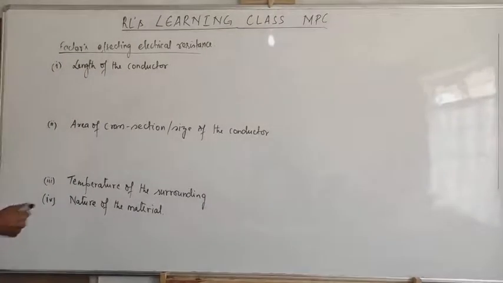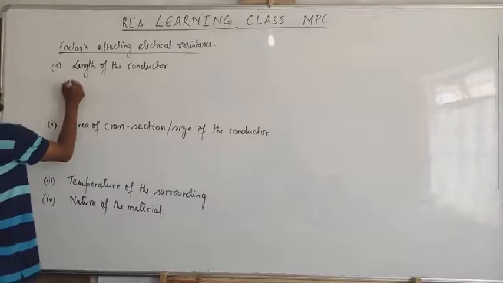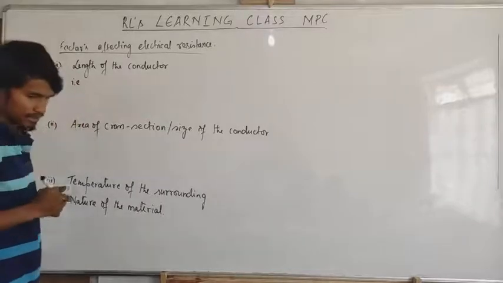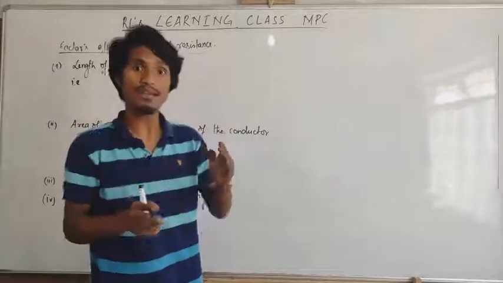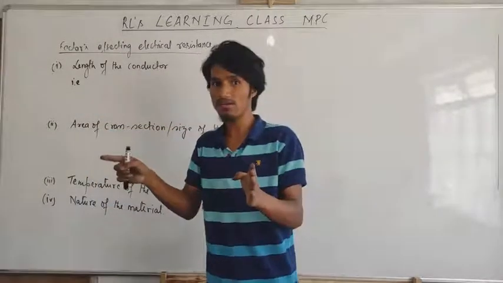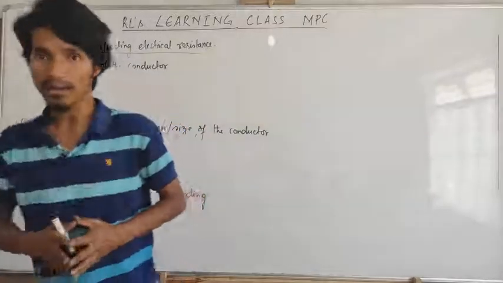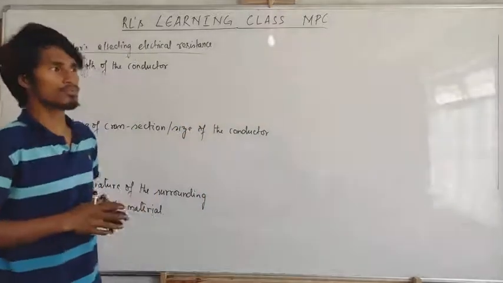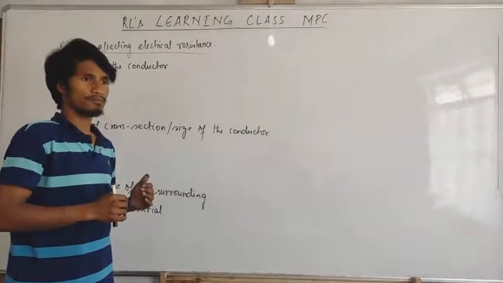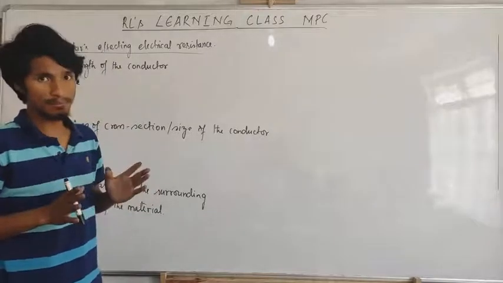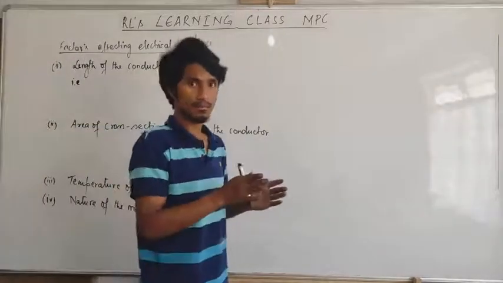Okay, length of conductor. What is the meaning of this? As the length of the conductor is increasing, or as the length of the conductor is more, then the resistance will also be more. Why? I'll give you an example. If you travel 10 meters, will you get tired? I don't think so.